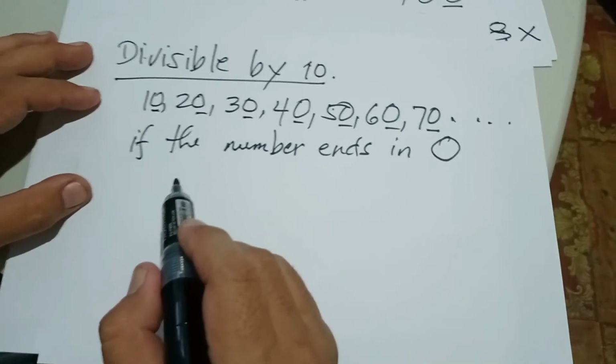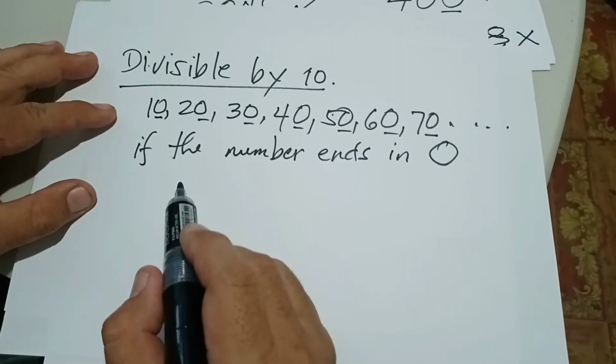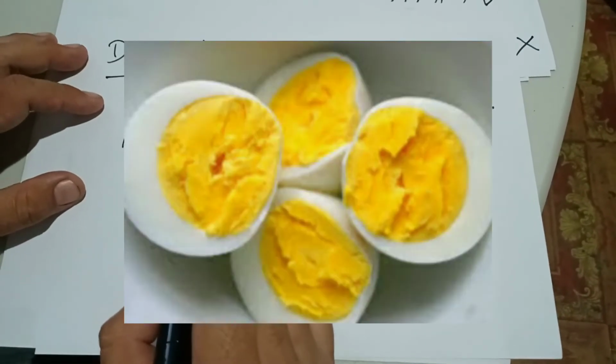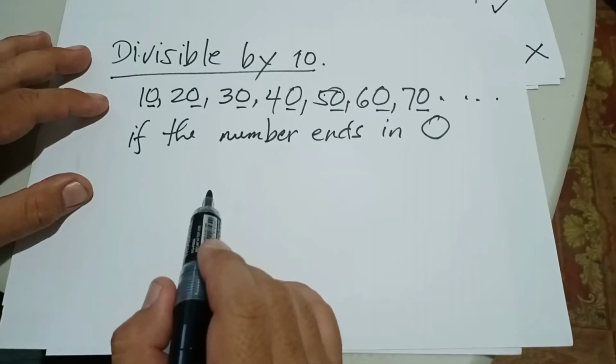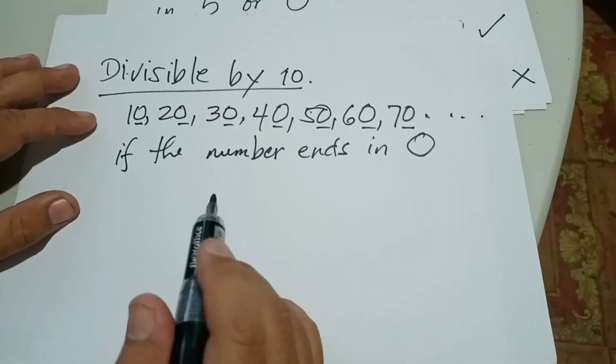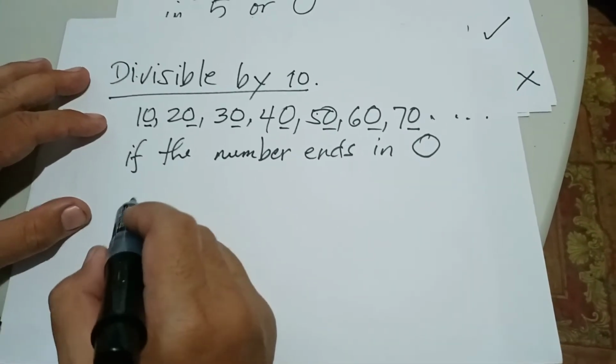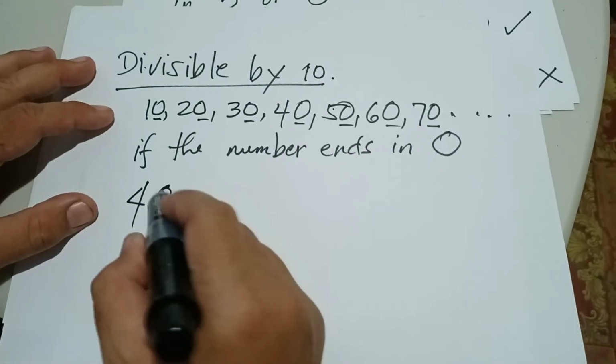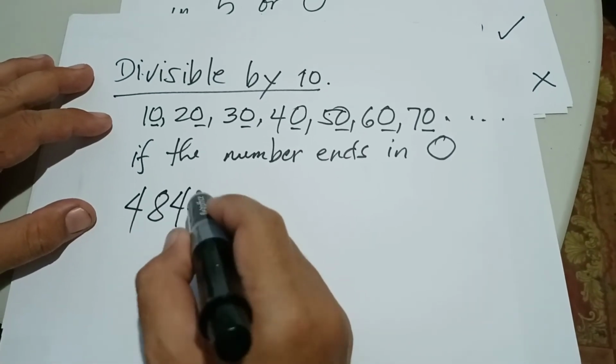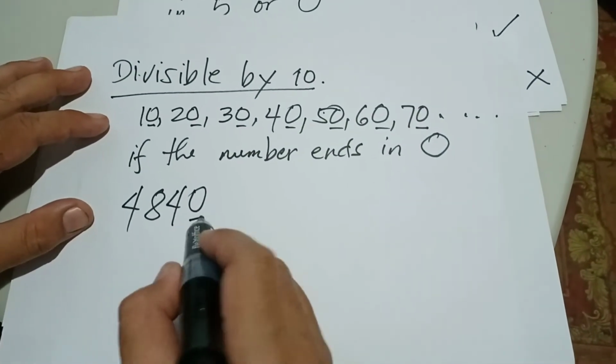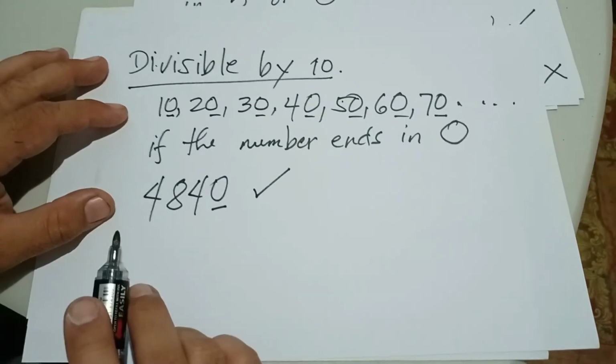So, kapag nagtatapos sa 0, kapag ang dulo ay itlog, so that means it is divisible by 10. Okay? For example, 4,840. So, nagtatapos sa 0, divisible by 10.